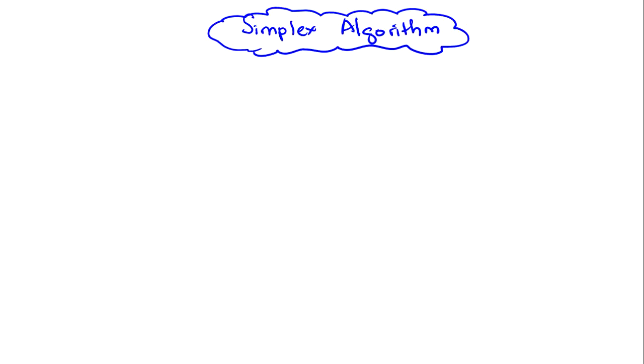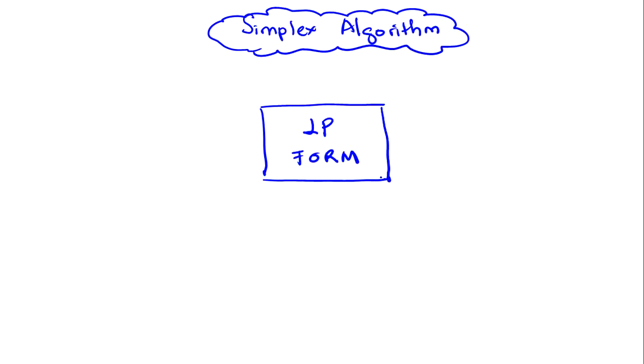Okay, basically there are 4 steps in the Simplex algorithm. The first one is LP form. So far, you have learned about this LP form in the previous chapter.